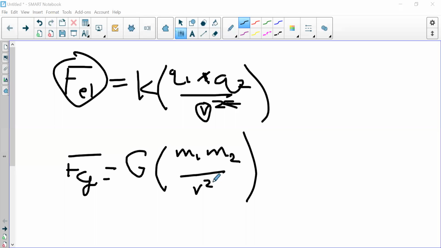The R value. R value is squared. So in order to get a linear relationship between those two, you have to have a squared R. And in the same way, they completely left the square out for the force of electric, so it leaves you with a parabolic function that you then must linearize by squaring your other one right there.